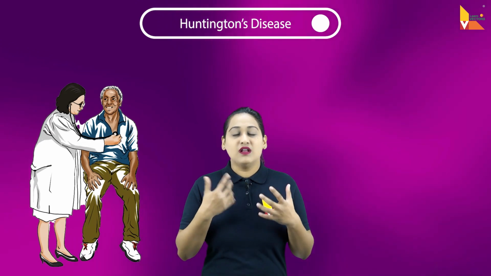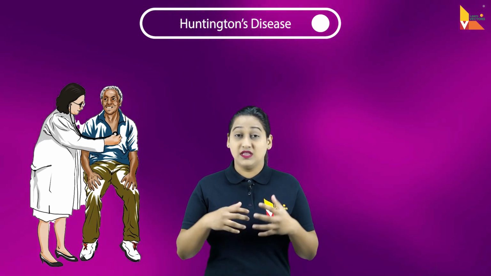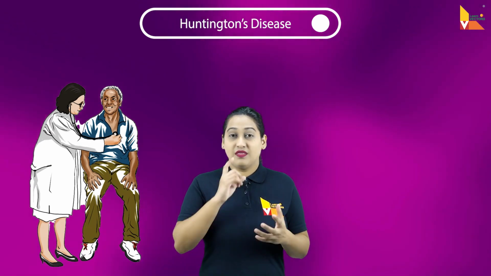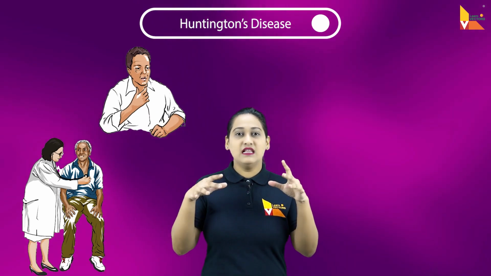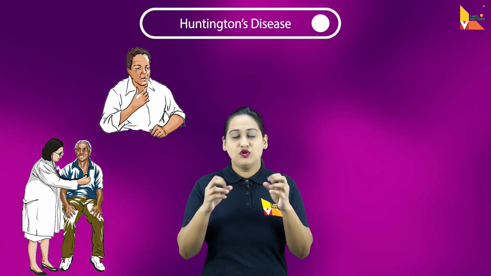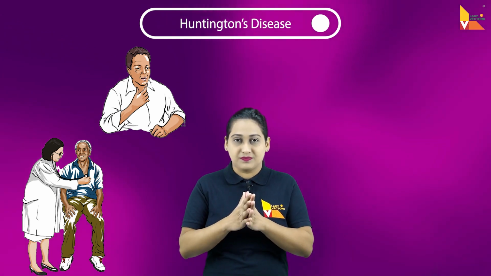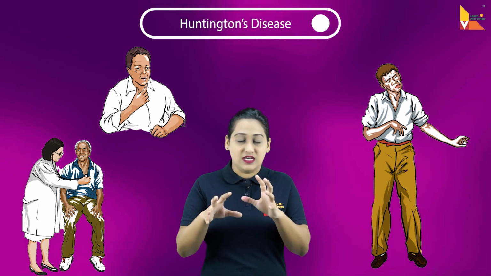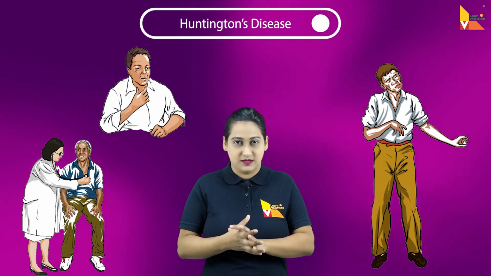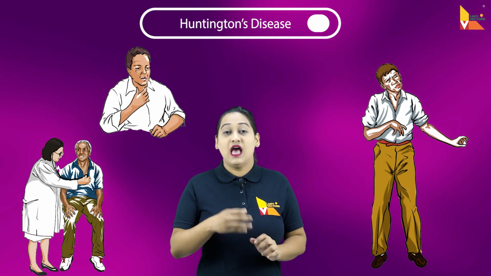There is irregularity in breathing. They show breathing problems. They have articulated speech, and the limbs are not functioning properly, right? So there is an imbalance which is seen while walking and all those things. This is what is about Huntington's disease.